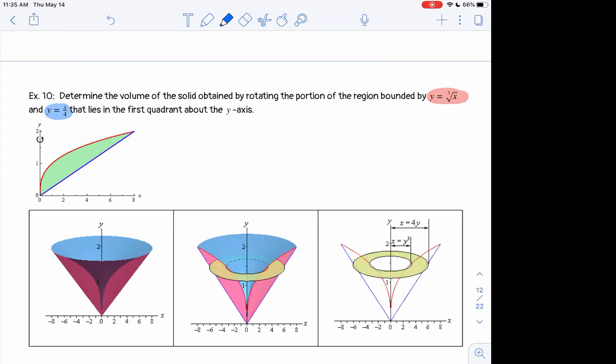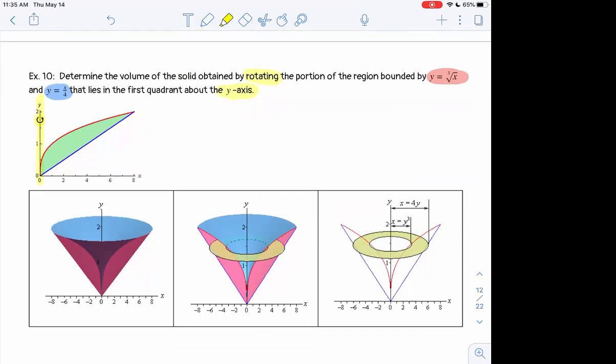Now, what we're gonna do is rotate this. So I know I'm gonna use either pi r squared or pi big R squared minus little r squared. And I'm rotating it about the y-axis, and that's why there's this little arrow right here to show me where I'm rotating it. This is my axis of revolution.